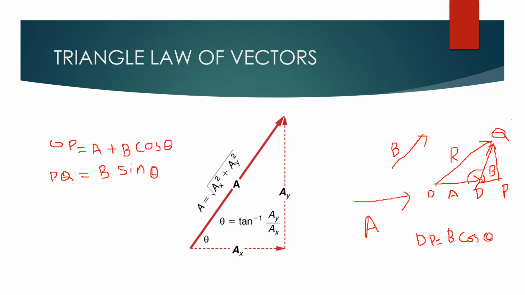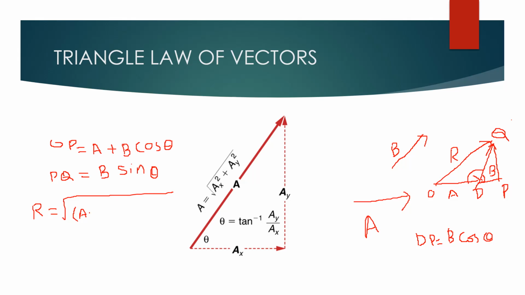Therefore, the resultant R we can find out by using the Pythagoras theorem. That is, by rooting the square of these two values, that is, a plus b cos theta the whole square.